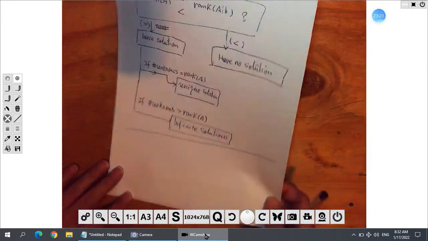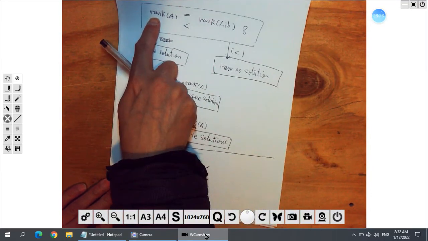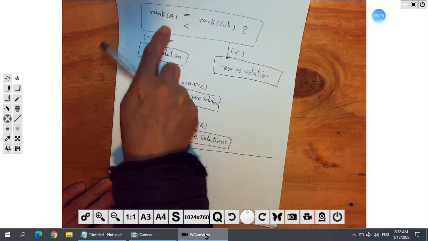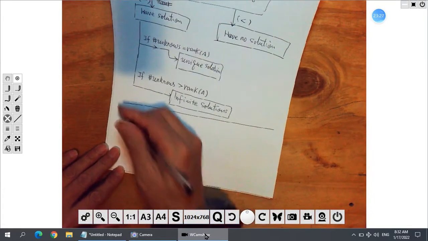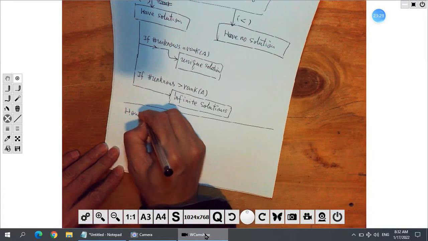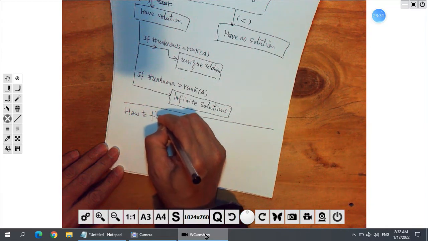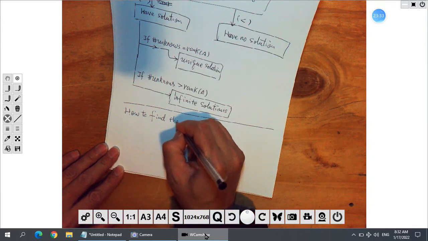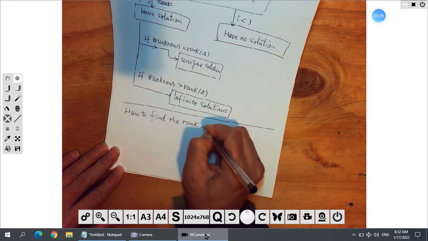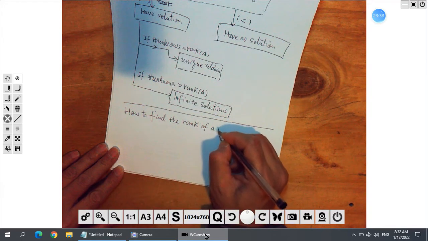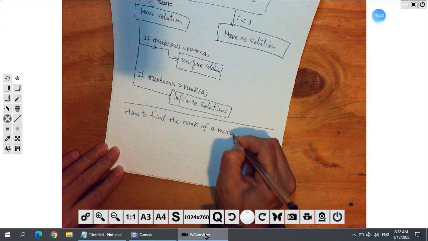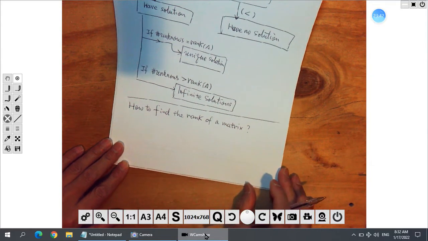Okay, then of course we want to know how to determine the rank of a matrix A. How to find the rank of a matrix?